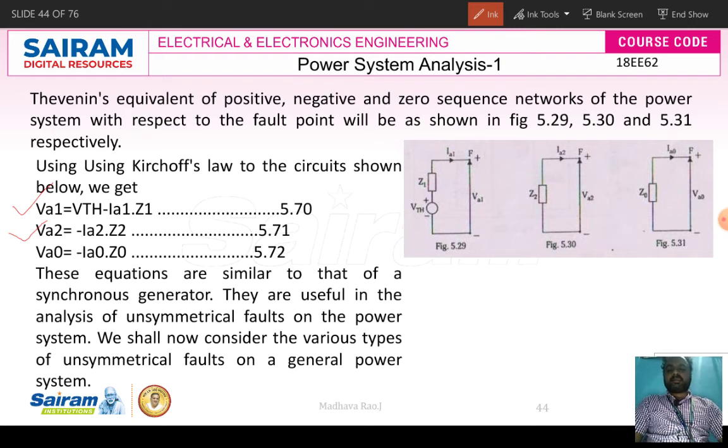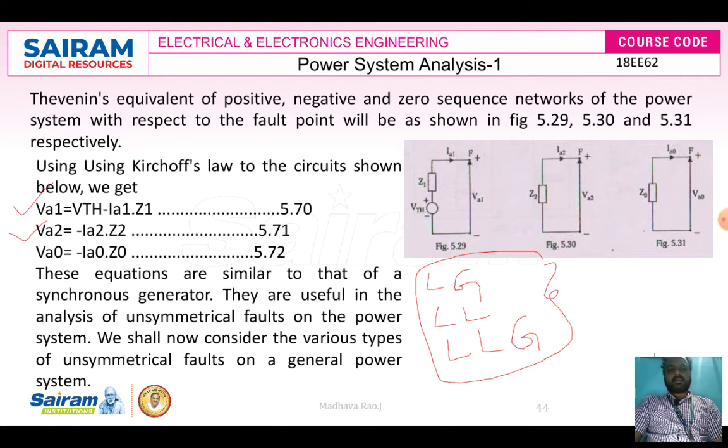So we are considering the various types of unsymmetrical faults on a general power system. So unsymmetrical faults are LG, LL, and LLG: line to ground, line to line, and double line to ground faults. So these are the unsymmetrical faults, right? So we'll discuss one by one.